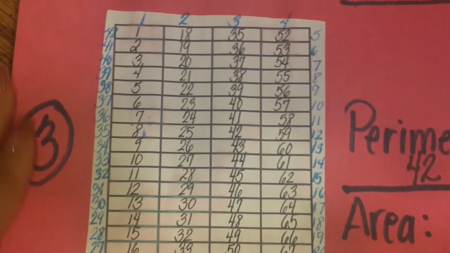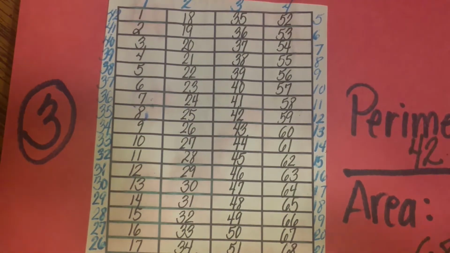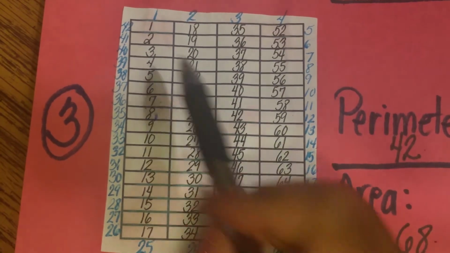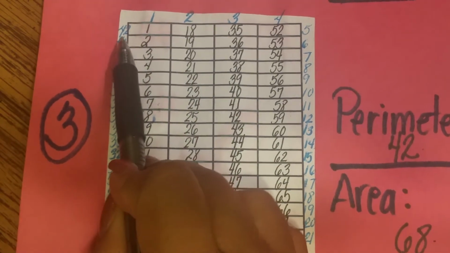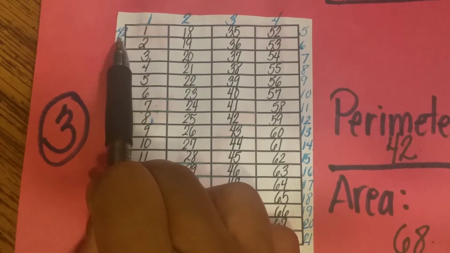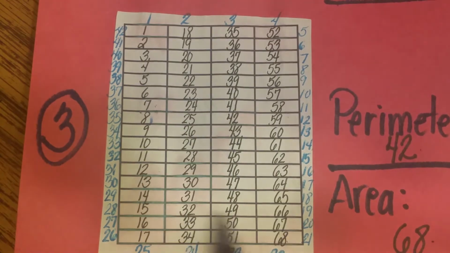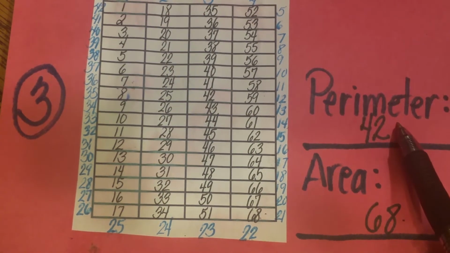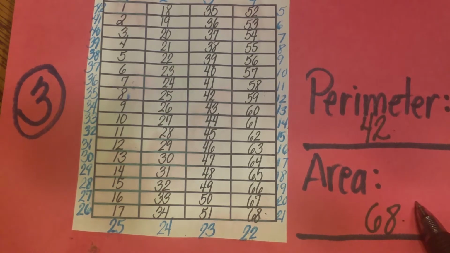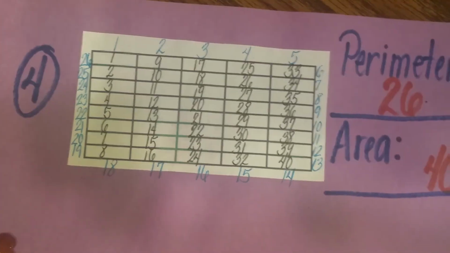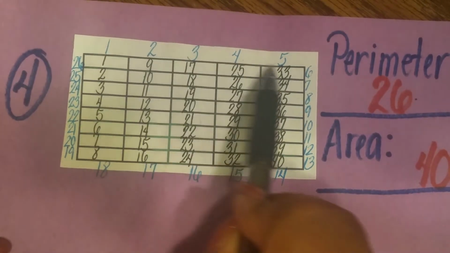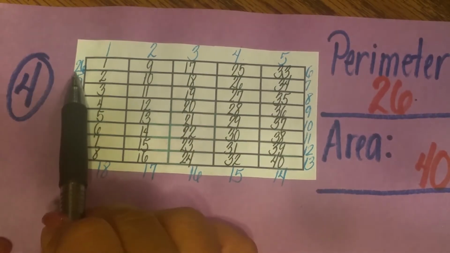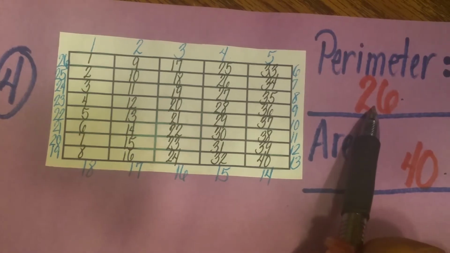For shape number 3, when I counted all the way around, and that was a lot of counting, my perimeter was 42. And for the inside, my area was 68. So perimeter 42, area 68. For shape number 4, when I counted the outside, my perimeter is 26.